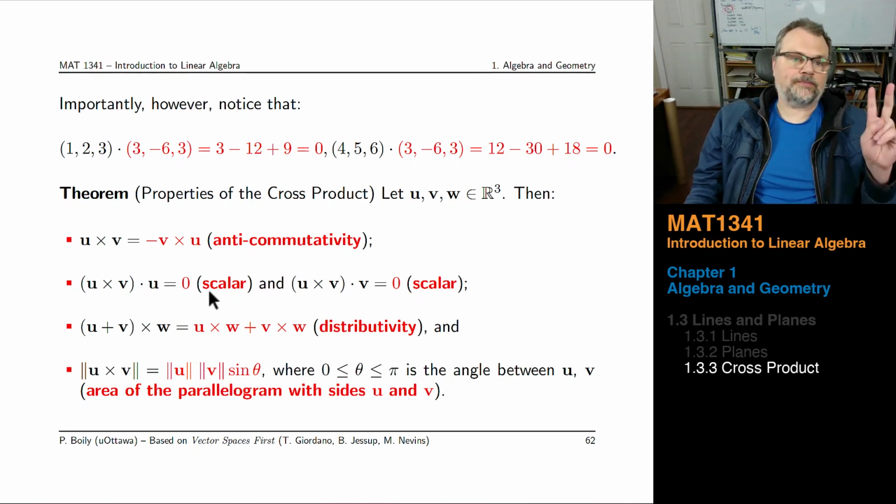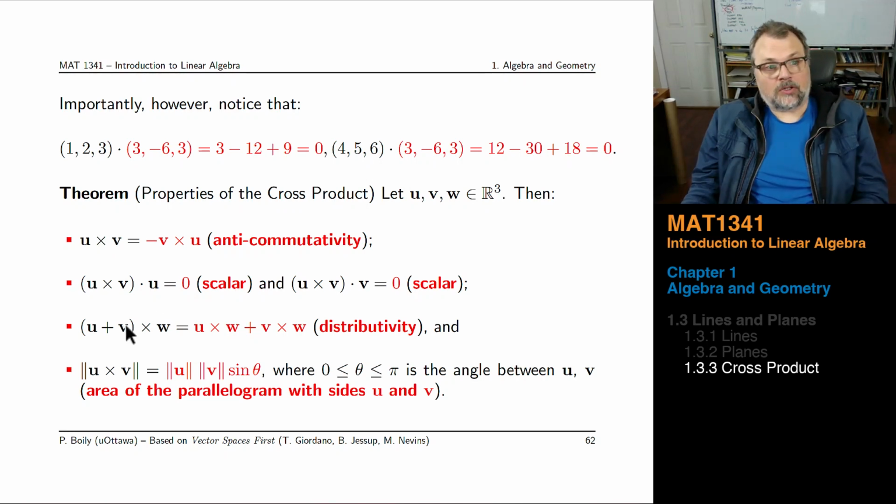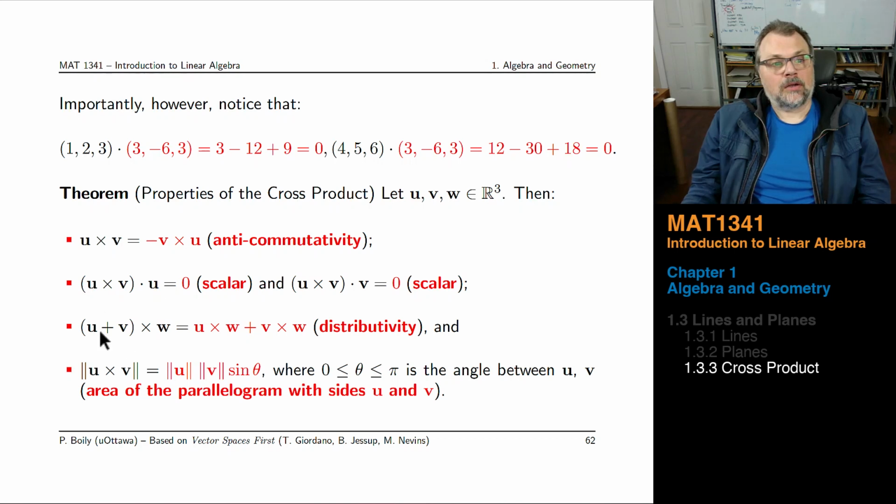If you multiply u dot product with the cross product, you get 0, same as if you were to multiply u cross v dot product v. And that's because u and v are orthogonal, perpendicular to the cross product u times v. The cross product gets distributed with respect to addition. So u plus v cross w would be u cross w plus v cross w. Say that there's a distributivity here.